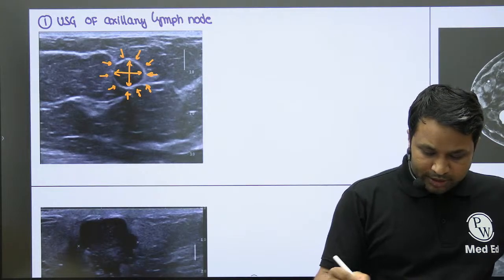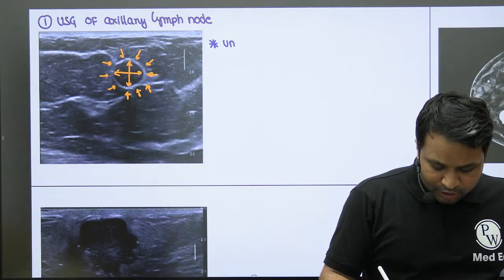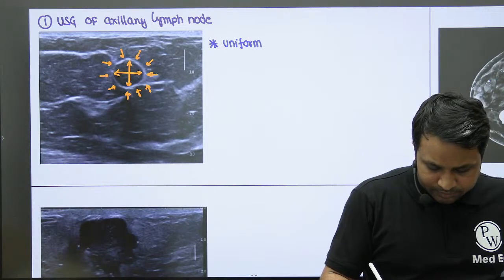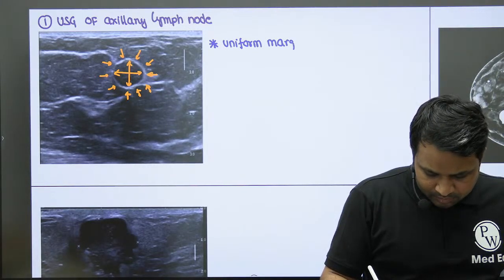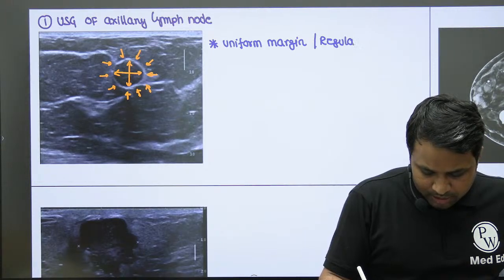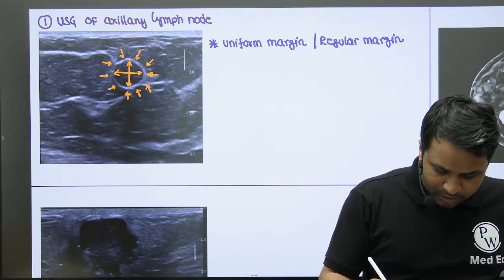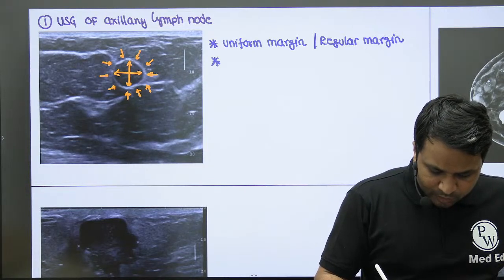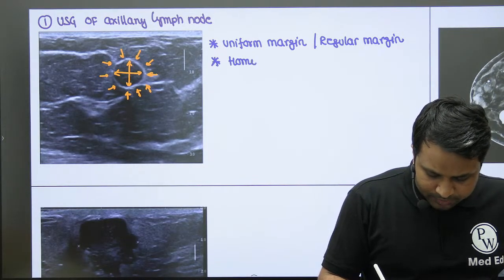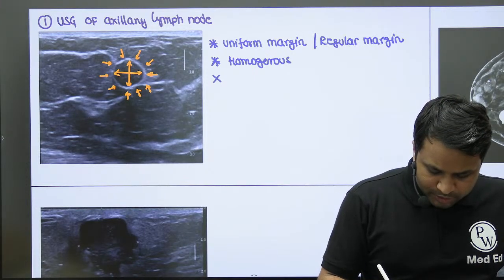So how do you know it is a benign lesion on a radiograph? Number one, there will be a uniform margin, or I can say it will have a regular margin. It is not irregular. Second, it will be homogeneous.